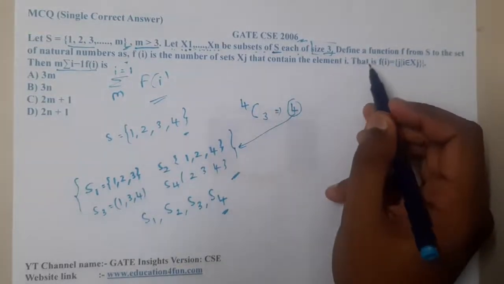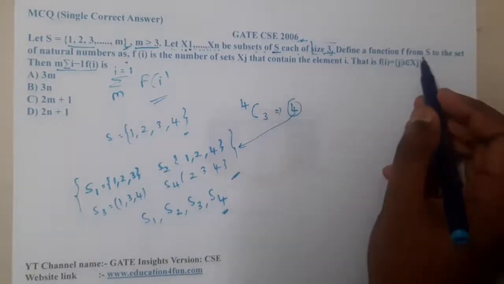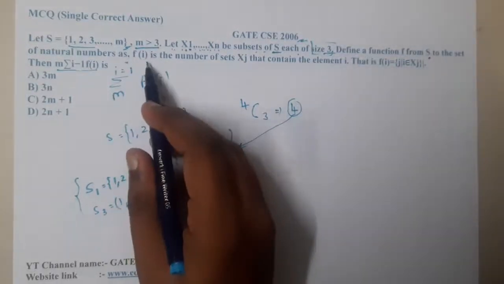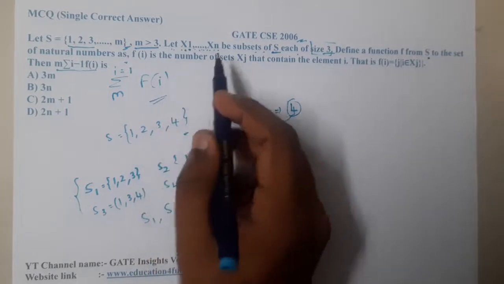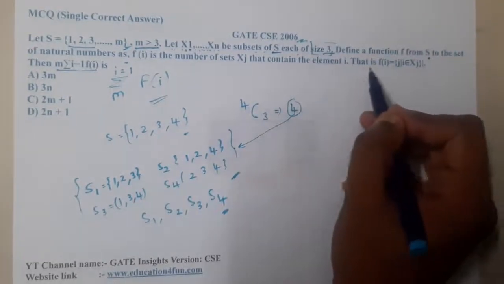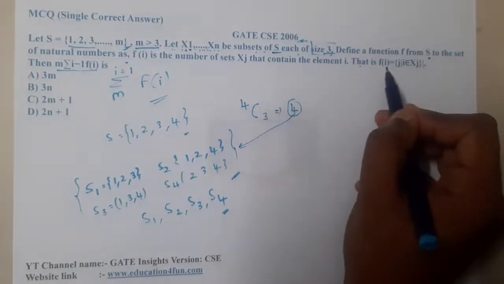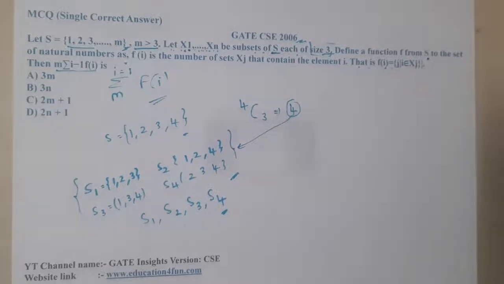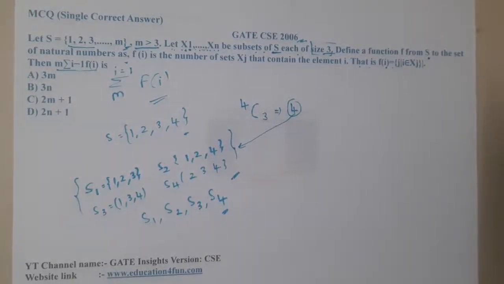Now they are saying define a function f from S to the set of natural numbers, where f of i is the number of sets xj that contains the element i, that is f of i is equal to the count of j such that i belongs to xj. They are playing a game with respect to i.